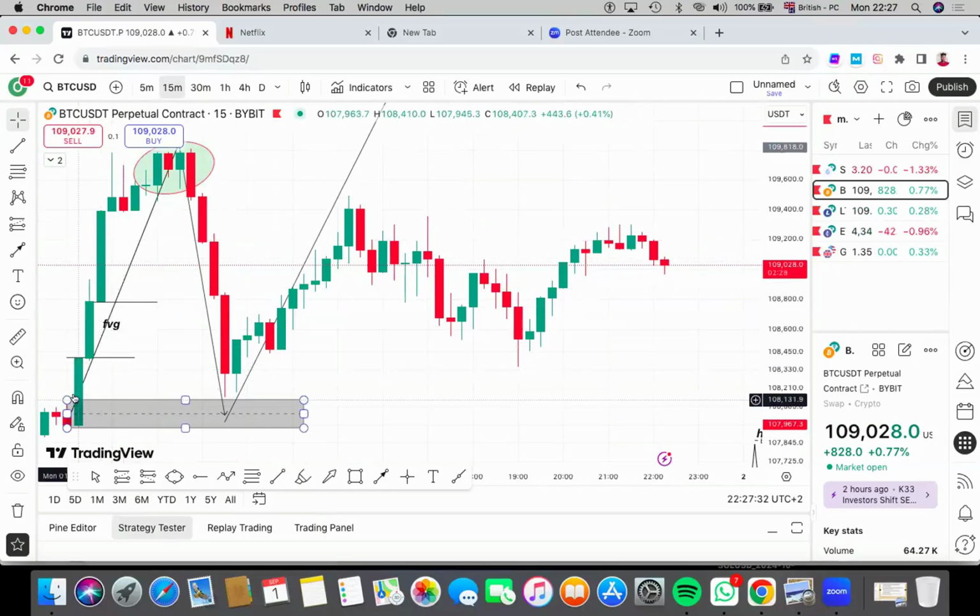And for you to spot your institutional candle, for us to be able to have our gap, we'll have three consecutive Marabozu candles with a gap between the third and the first candle. Okay. So the first candle is this one that pushed this market upside, and it's a very huge candle, causing inefficiency in the market, causing a gap, the FVG.